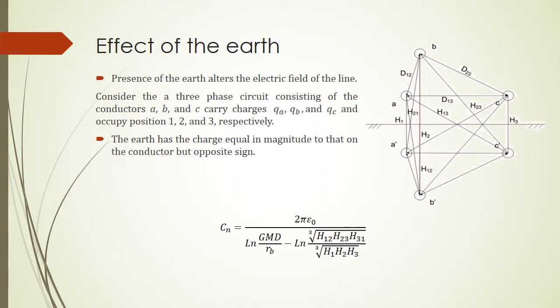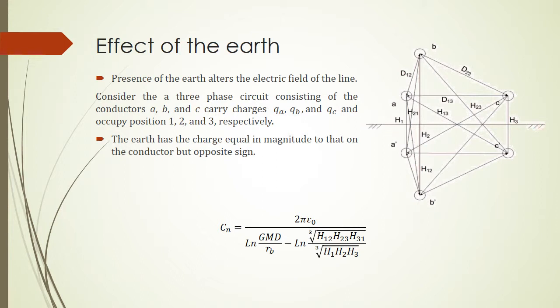So we have been talking about calculating the capacitance from a line to neutral without the effect of earth. When we take the earth into account like this, we need to mirror the whole system via the earth's surface.